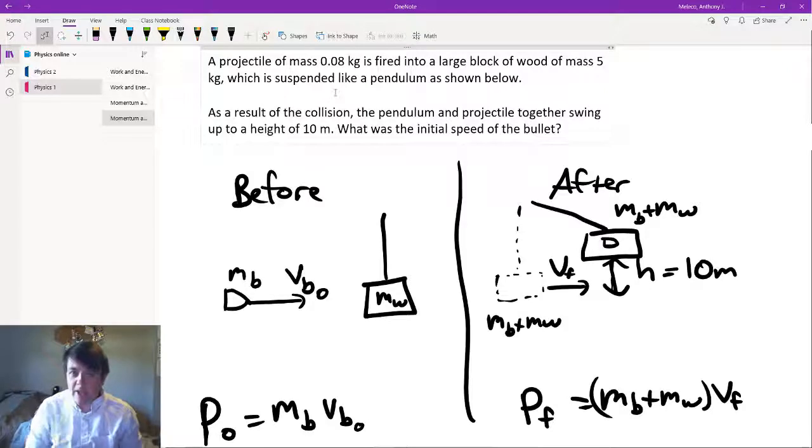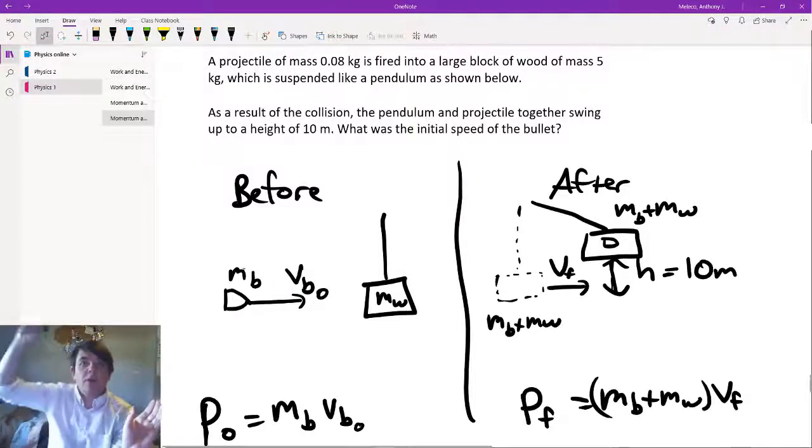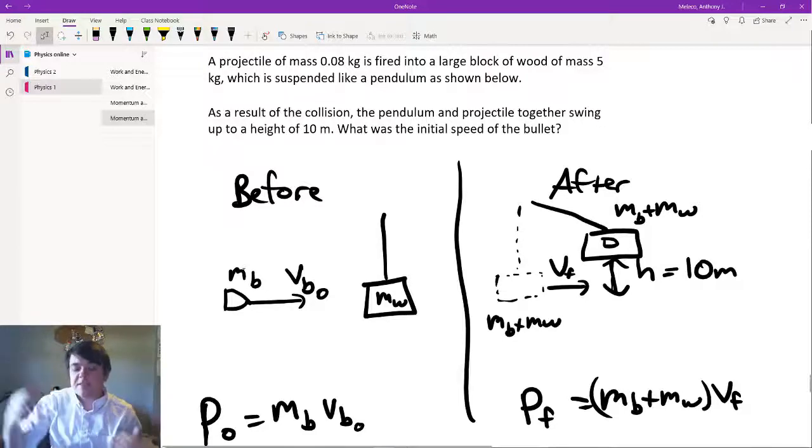One question you may have is why couldn't we just skip the step and say, well, the mass of the bullet moving at VB, and use that kinetic energy into the height? The reason is when it collides with the block of wood, you lose energy. And so we can't just do a direct energy conservation problem here because you're losing energy when it collides. You're using it when it embeds, right?